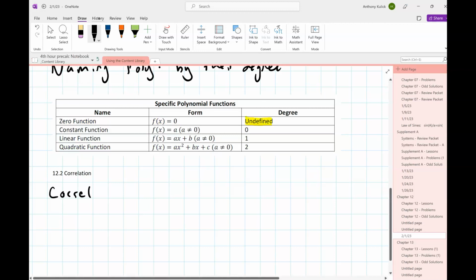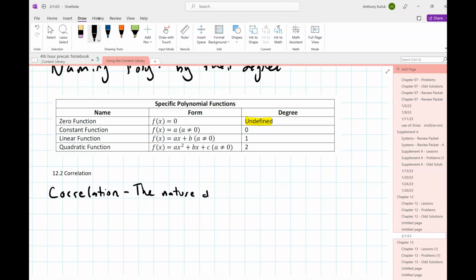So correlation, we say, is the nature of the relationship between two variables.